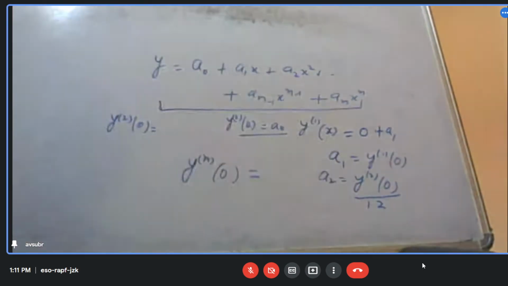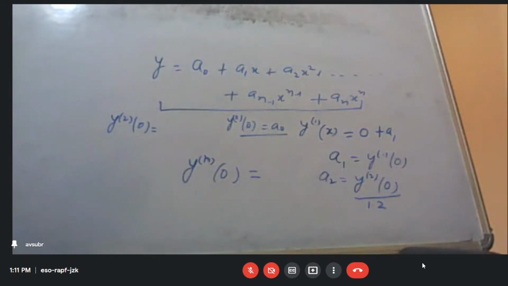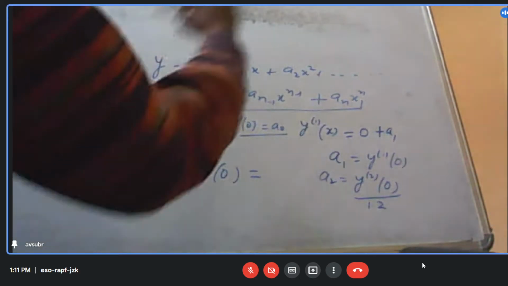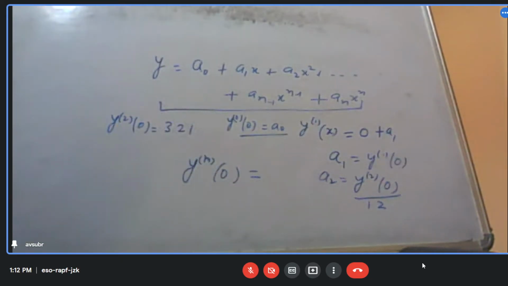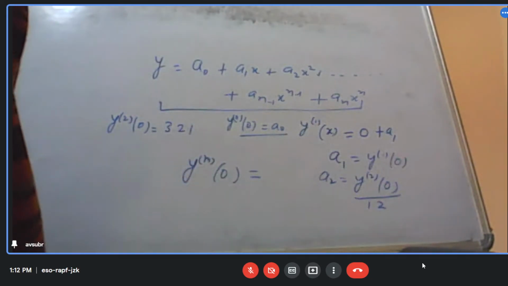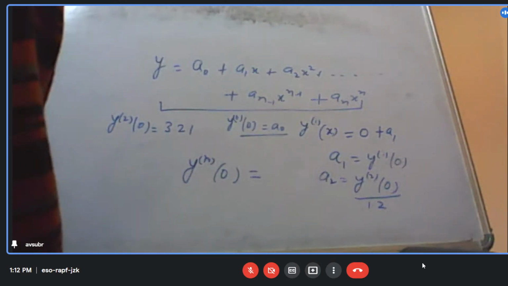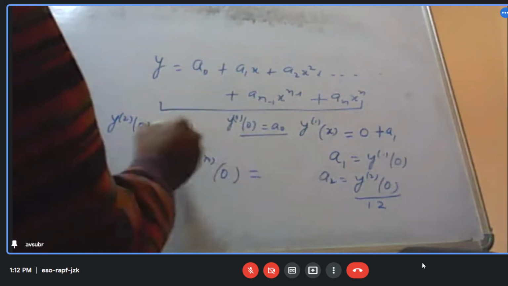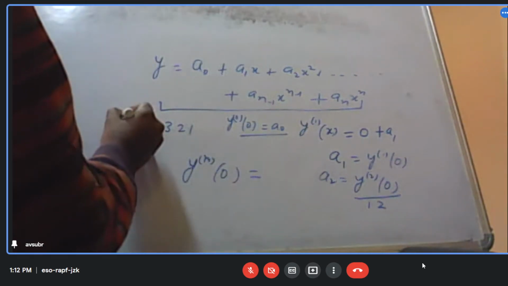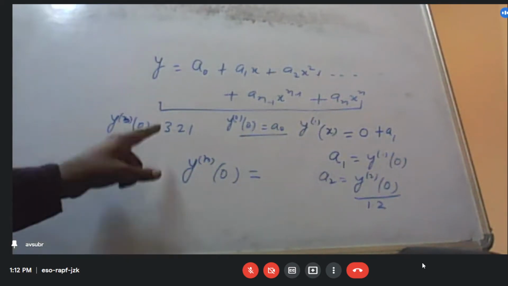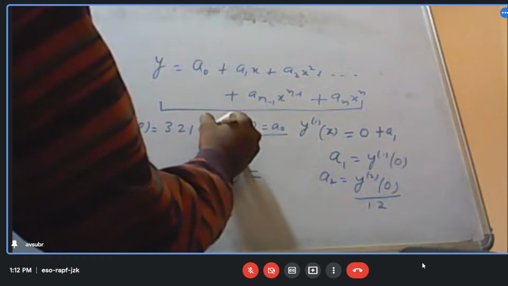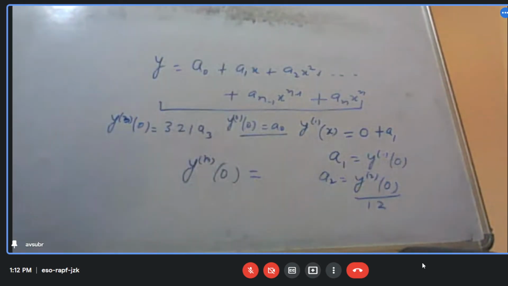Then the next term will be 3 into 2 into 1 into a3, so y3.